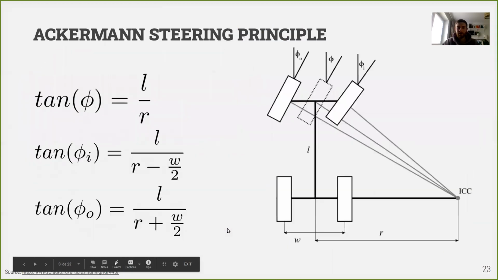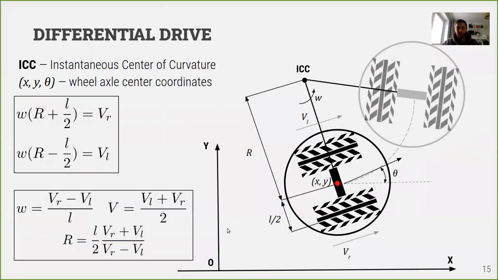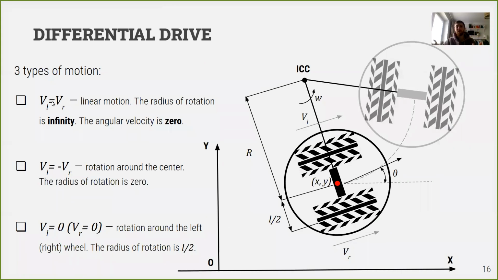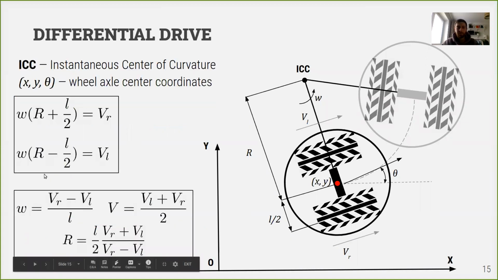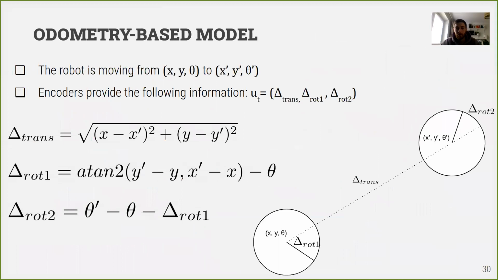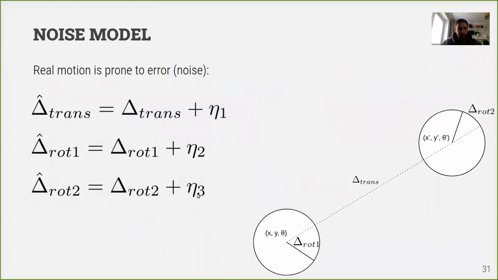So we saw this again in differential drive. If we know that speed of rotation is similar for two wheels, we know that motion is linear, and we just integrate these rotations to calculate how much we traveled, and so on. And the same for angular rotation.